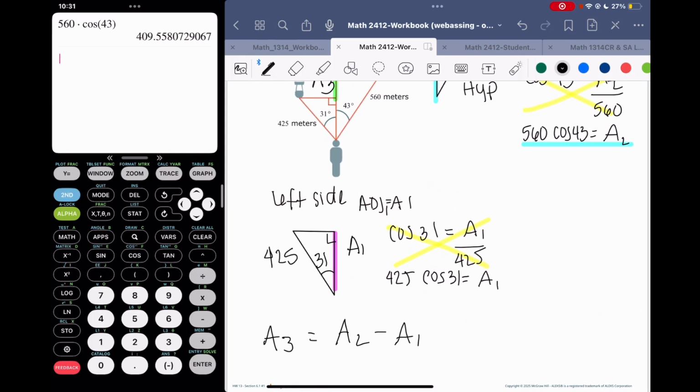And then we're going to use exact numbers. So 560 cosine 43 minus 425 cosine 31 equals A3.